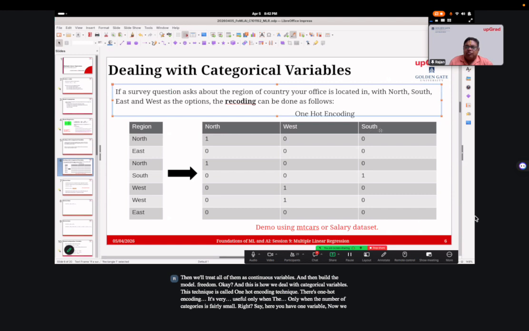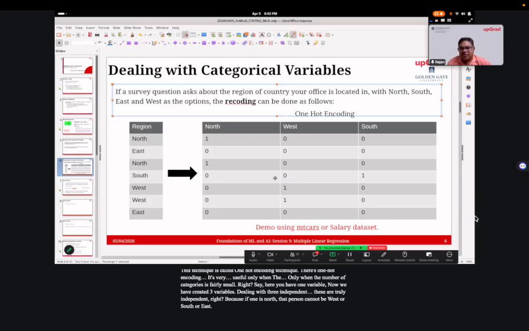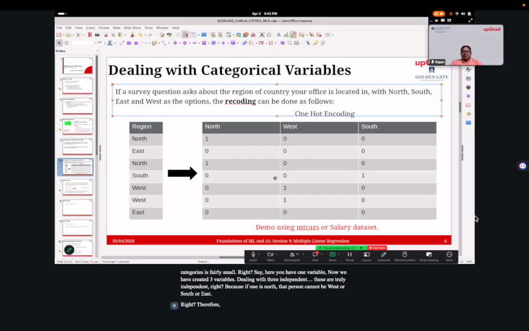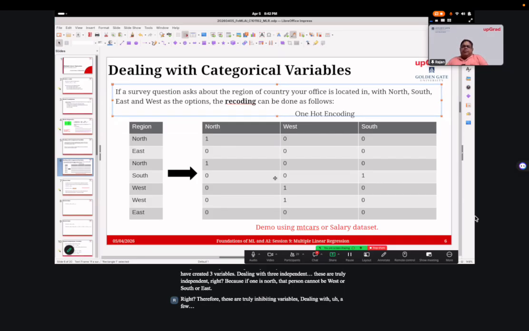Now you have created 3 variables. These are truly independent, right? Because if one is north, that person cannot be west or south or east. Therefore, these are truly independent variables. Dealing with a few independent extra variables might not be a difficulty.